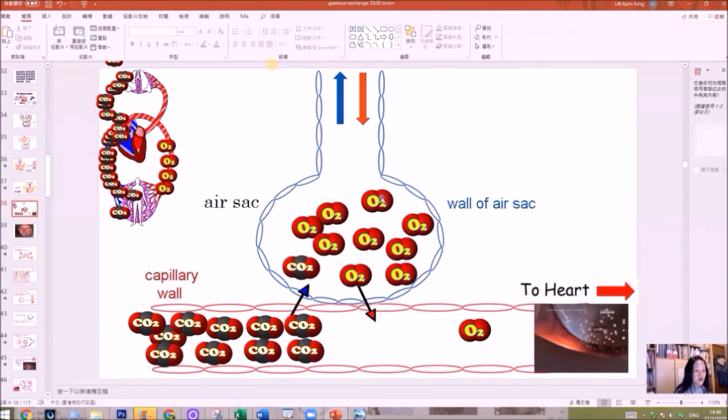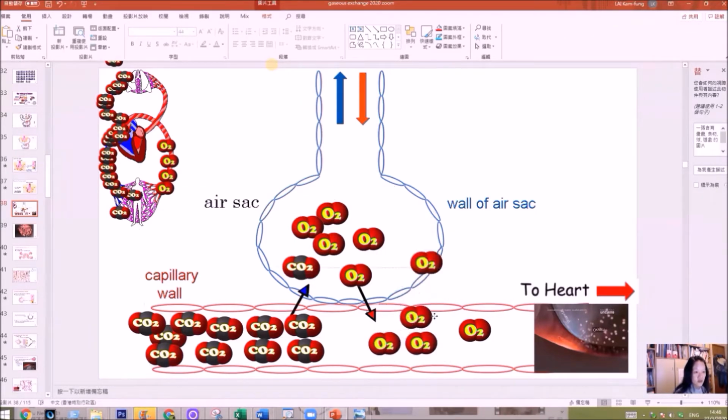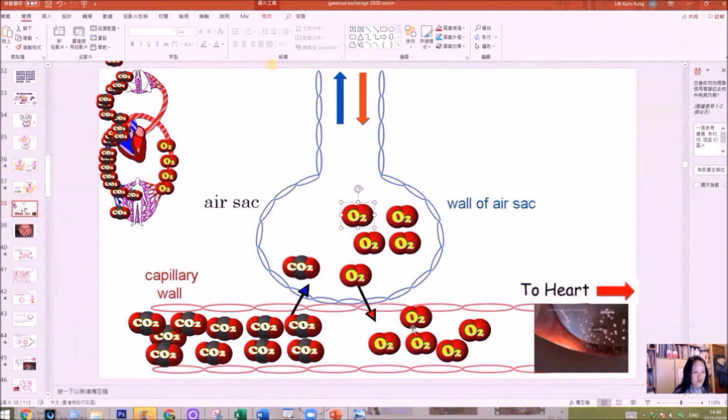So diffusion will also take place from high concentration to low concentration. But at a certain point, if the concentration on both sides is the same, diffusion will stop. So how can we maintain a high concentration gradient here? You can try to circle the hint.